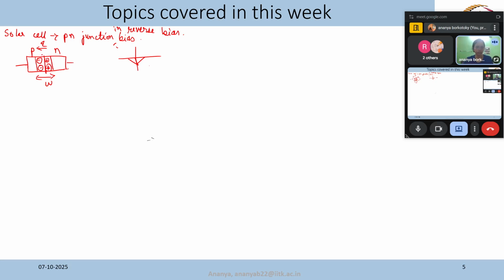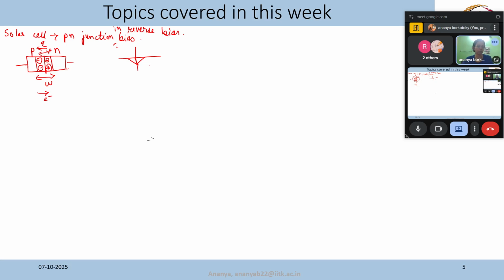Because of the electric field, holes will move in this direction and electrons in this direction. There will be a separation of electrons and holes, and movement of electrons and holes.